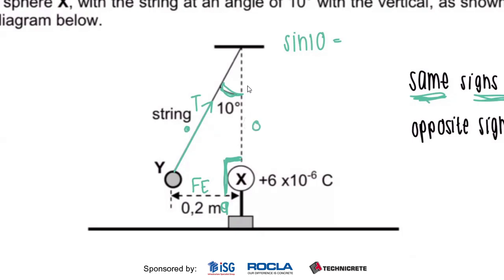Sorry, hang on. That's not the adjacent side. This is the opposite side. That is the adjacent side. So sine is opposite over hypotenuse. So sine is F, the electrostatic force, over tension.